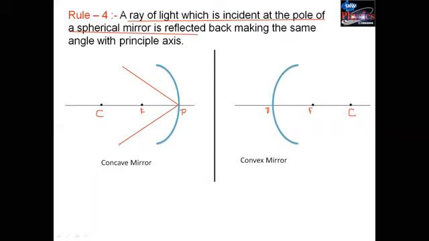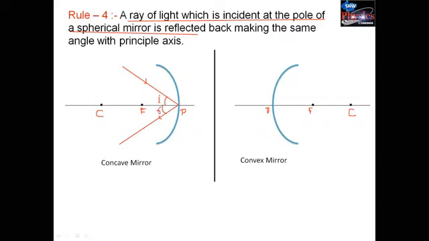Do you remember the second law of reflection? That angle i is equal to angle r. So it follows the second law of reflection, and it is reflected back making the same angle. This one is angle i and this one is angle r.